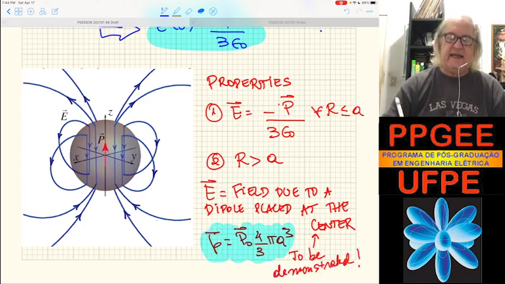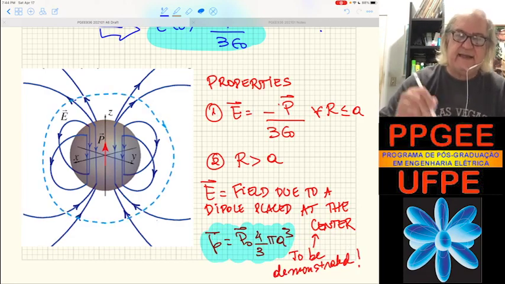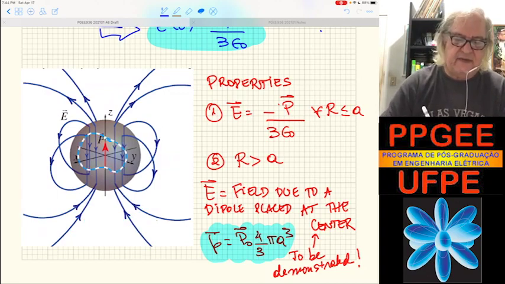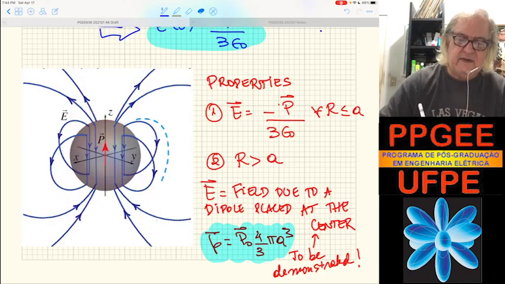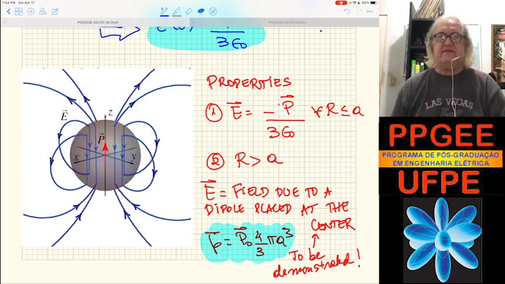So these are exact field lines calculated using Mathematica. Inside, you see that the field is always constant. Outside, this is as if we had a dipole right in the middle here. I mean, those lines here, right? Those lines are exactly those of a dipole in the center.